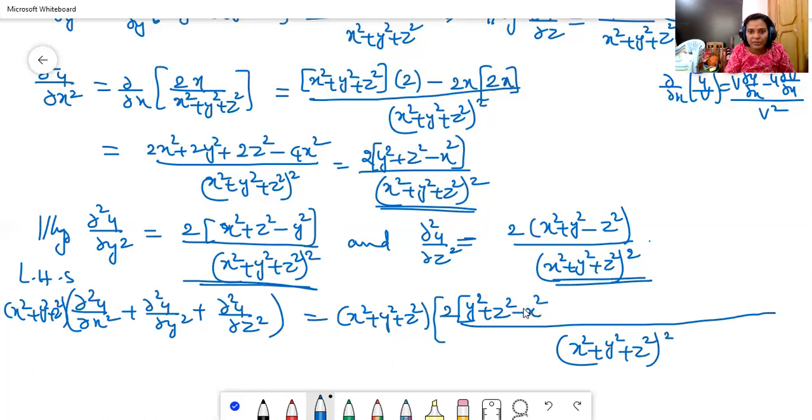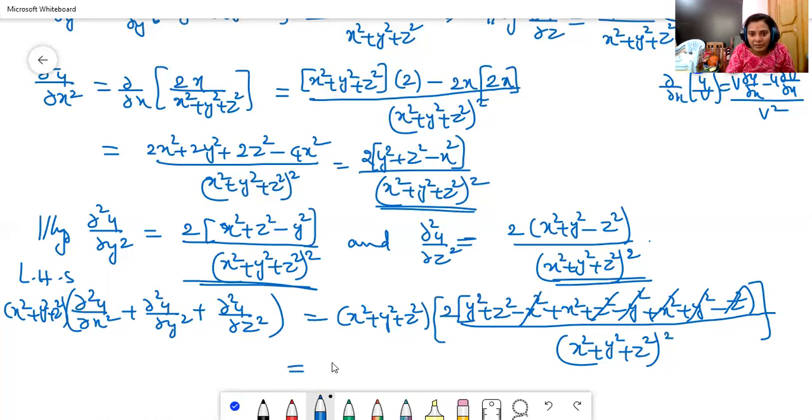Y square plus z square minus x square, it is the dou square u by dou x square. Dou square u by dou y square is plus x square plus z square minus y square. Dou square u by dou z square is x square plus y square minus z square. Here plus z square minus z square cancel, plus y square minus y square cancel, plus x square minus x square cancel.